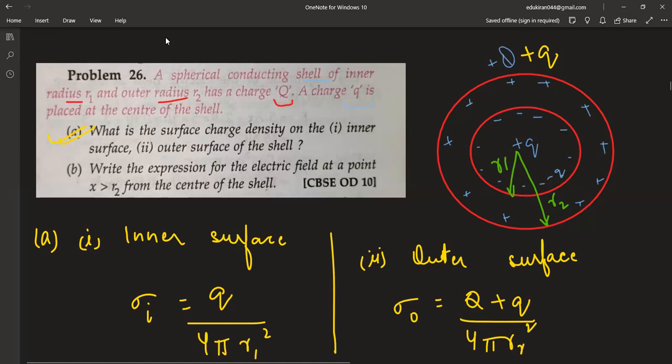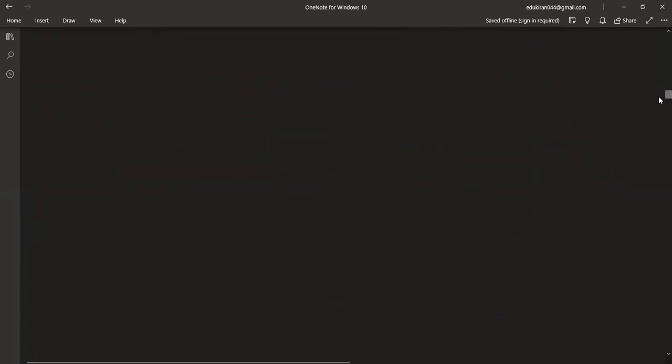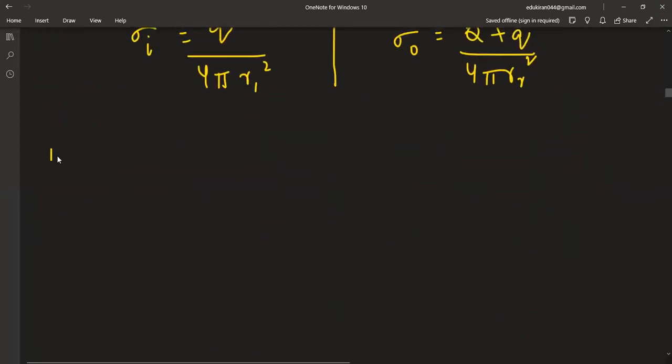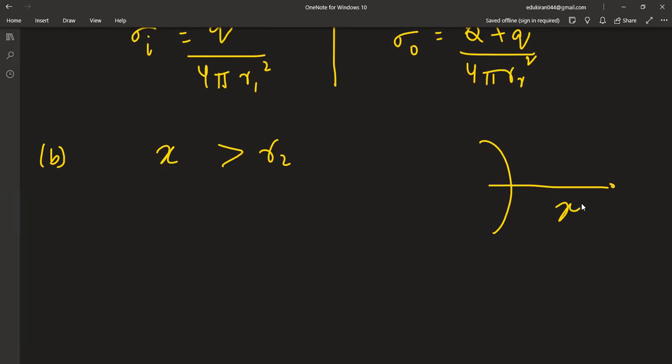The second part says to write the expression for the electric field at a point X, which is greater than the shell. So for the B part, X is greater than R2. This is exactly similar to the electric field at a point X. Are you able to relate this?